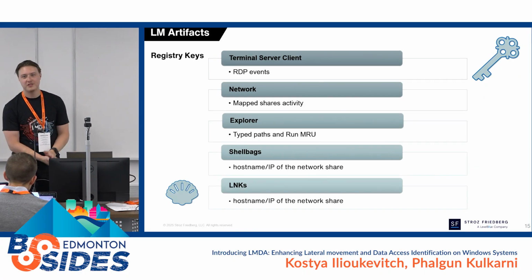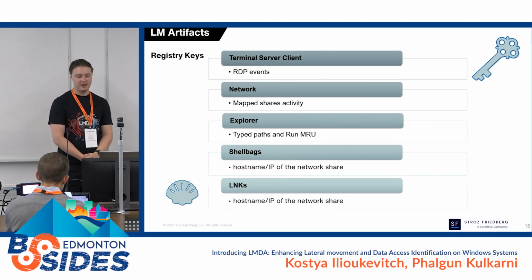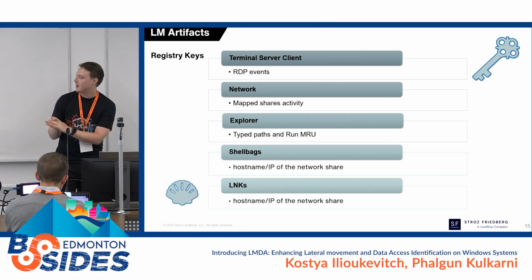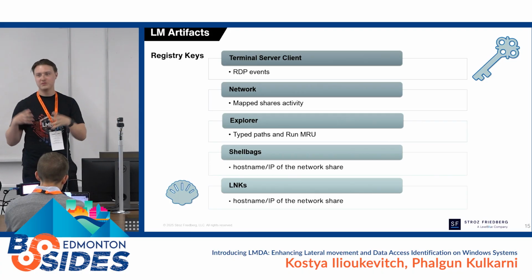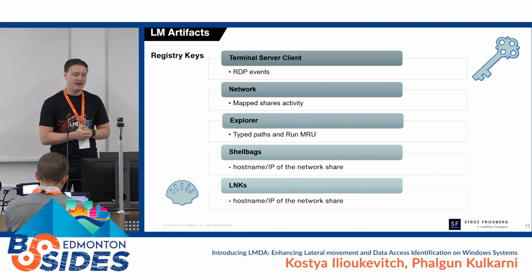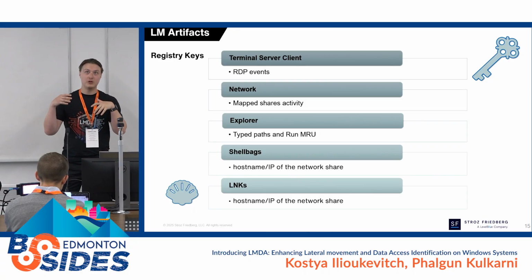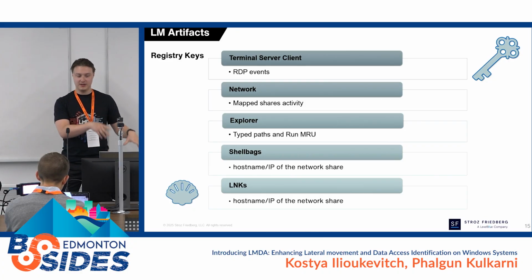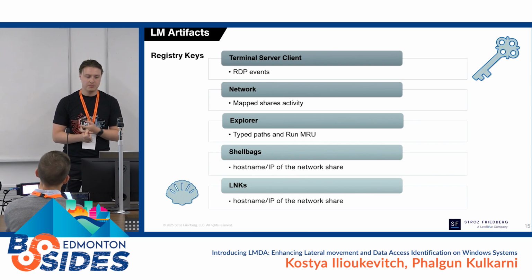Now there are obviously other artifacts that we use to identify lateral movement. Some of these also identify data access. It's a bit of a two-pronged sword. Some examples that we include within LM specifically would be various registry keys as they relate to the usage of RDP, as well as mounting shares through SMB.